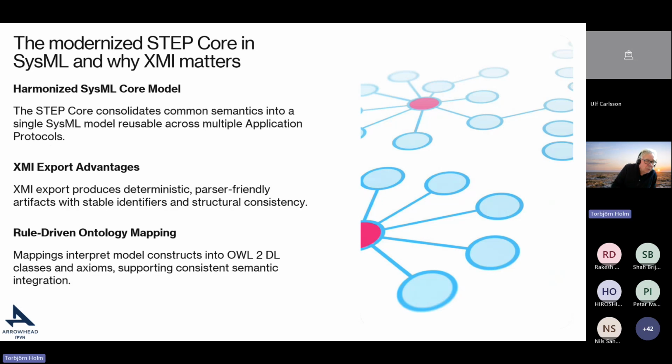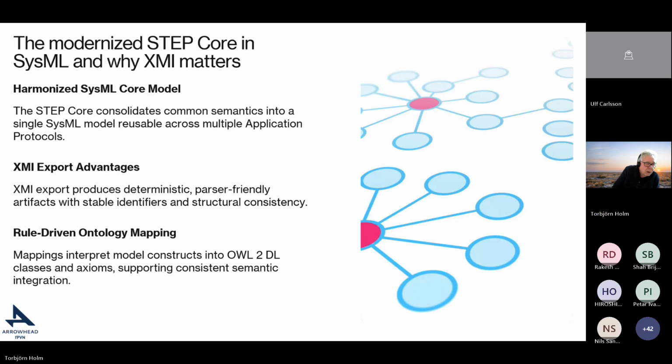So the SysML core model I talked about is the overlap between AP242 and AP239. And we were using the export advantages of XMI.